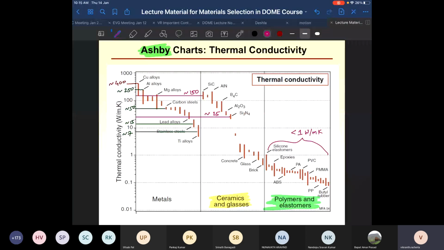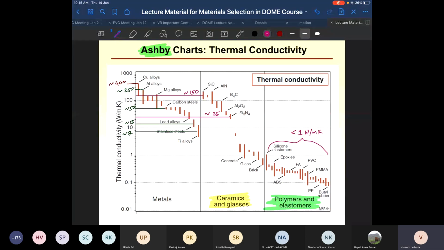What is the relevance of thermal conductivity in machine design? You have all seen the disassembly assembly video I had shared in the first class, hopefully.